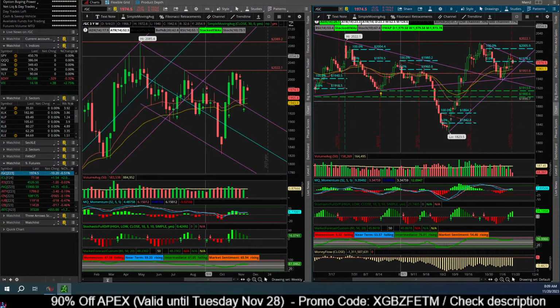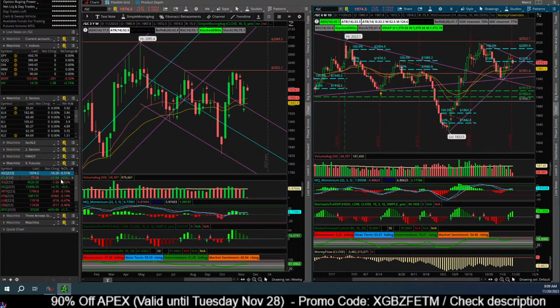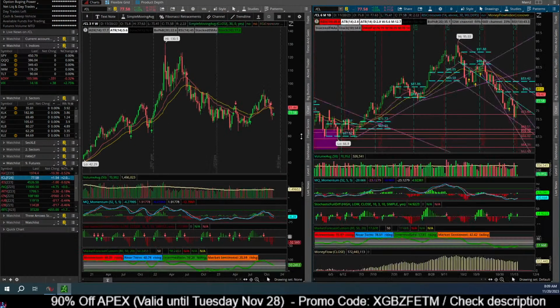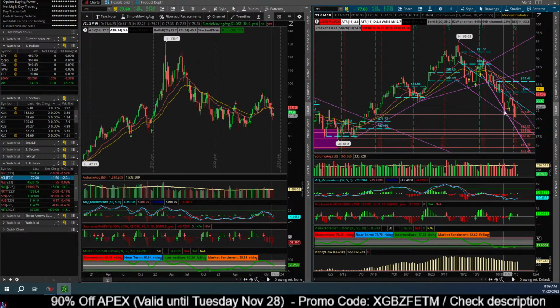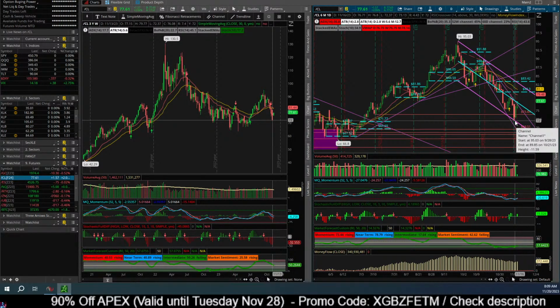Let's go to the crude oil. Crude oil bounced off of this lower side of this diagonal this time. So we did have a diagonal here, that one there, and then went down to that level, bounced back up, and then came back, and now faced the other side of this channel.